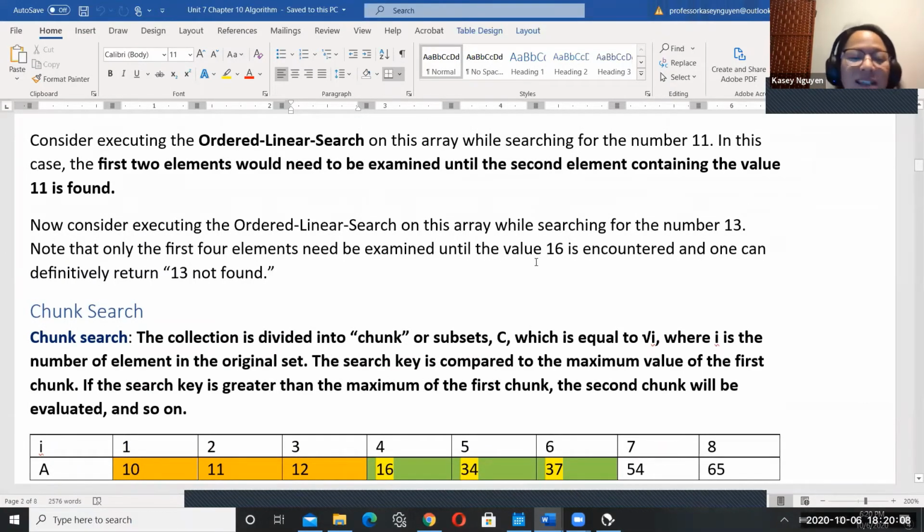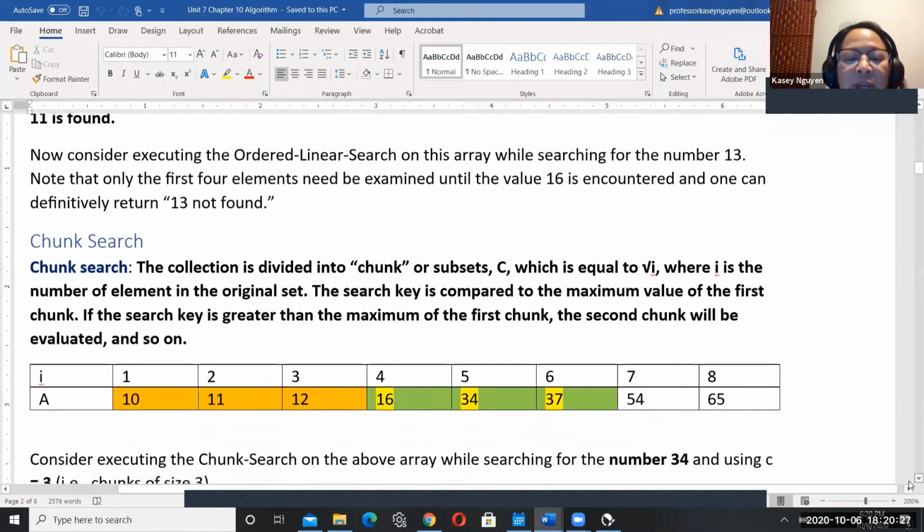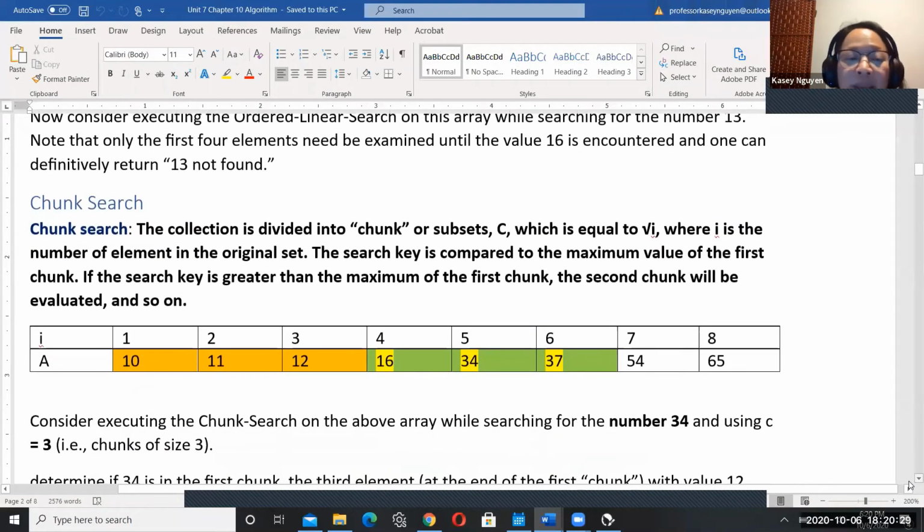In this textbook, they use chunk search, but you often hear the name jump search. So this is equivalent to jump search. You might have seen an example of jump search before, but if you haven't, we can talk about the actual mechanism of how it searches.